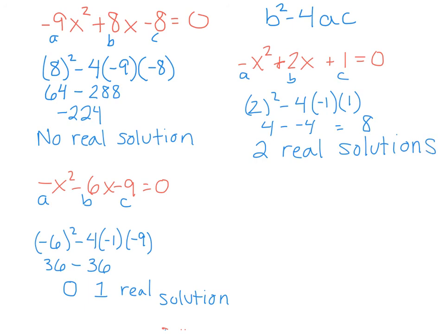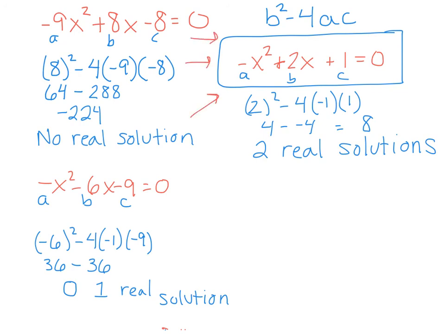So we saw one of each kind of these. Here's what I want you to do tonight: take this equation and actually solve for those values using the quadratic formula.